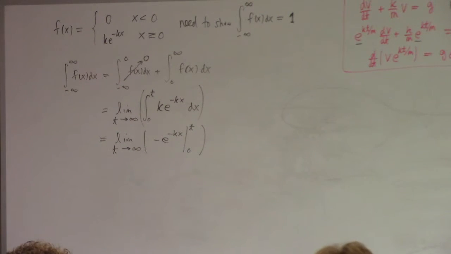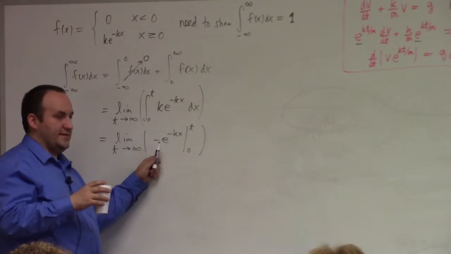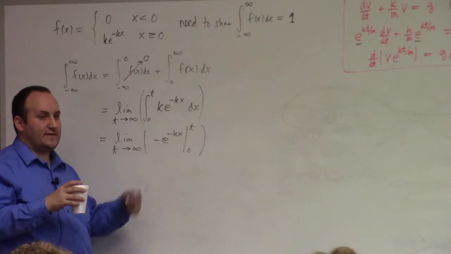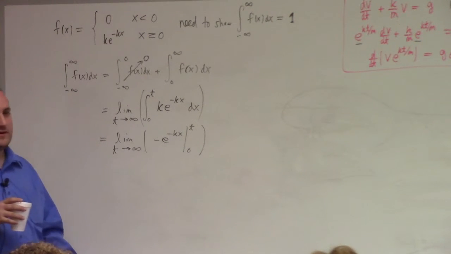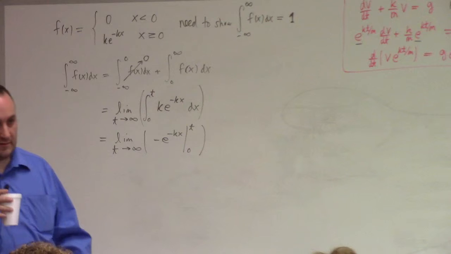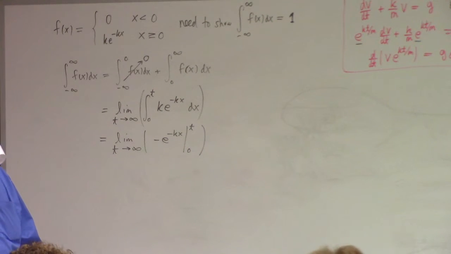So differentiating gives me e to the minus kx times minus k, but that minus cancels the minus there, giving me plus k e to the minus kx. You can get this antiderivative by doing a u equals minus kx substitution. But at this point in your life, you really shouldn't have to write that out.